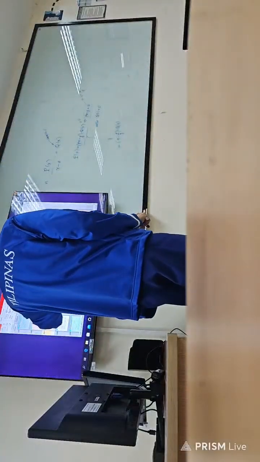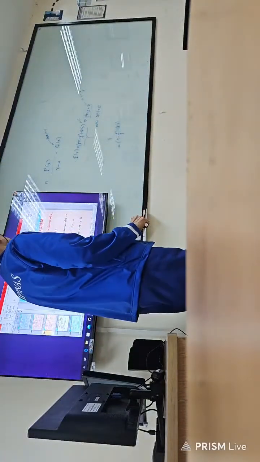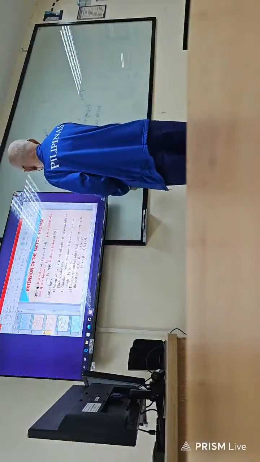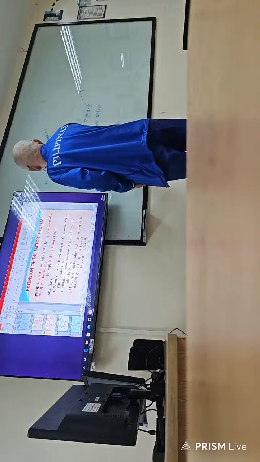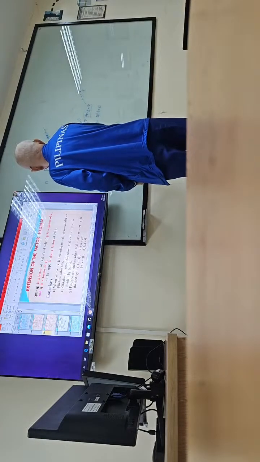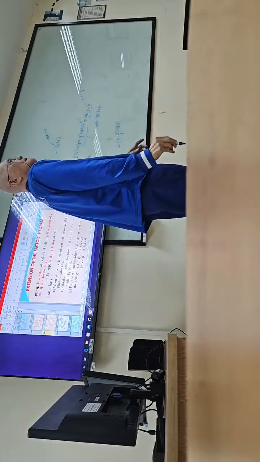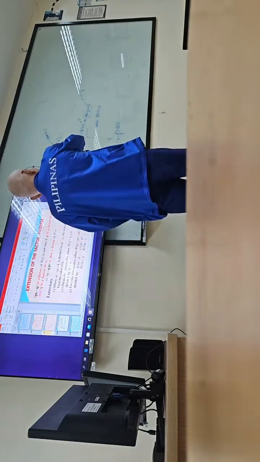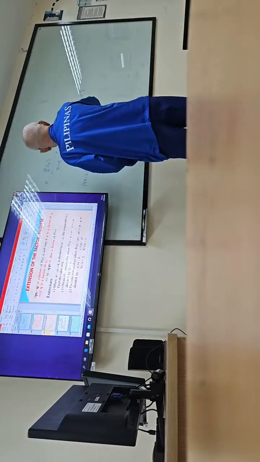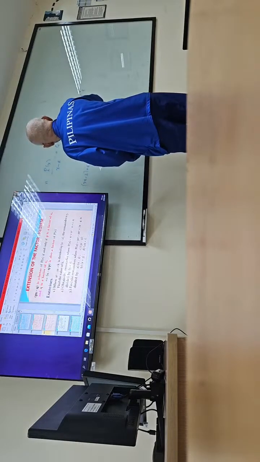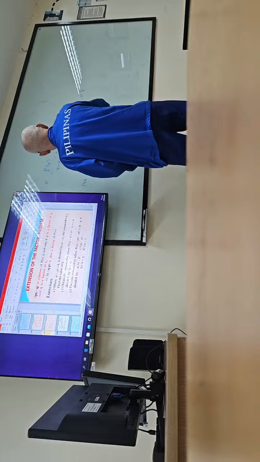Is it clear, guys? Any questions on this? No, sir. Is this clear to you? Yes. For example, if 3x minus 2 is a factor of the polynomial Px, so this will be 3x minus 2 times Q of x.